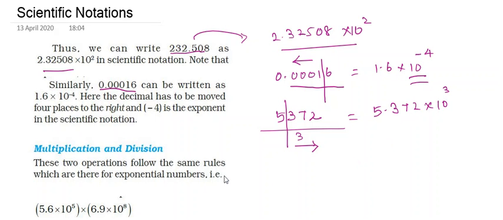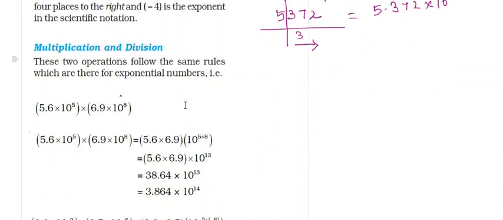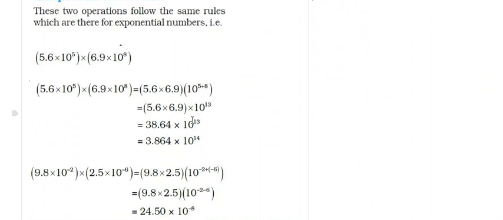Right. Now, how to multiply scientific notations? Let us consider 5.6 into 10 power 5 and 6.9 into 10 power 8. You can take these two values together.